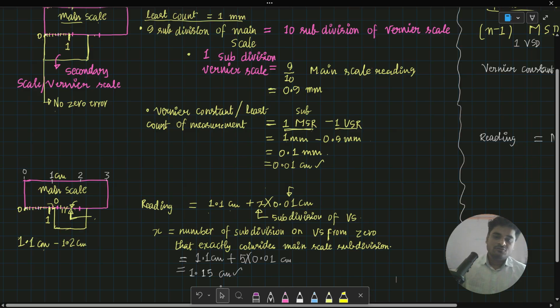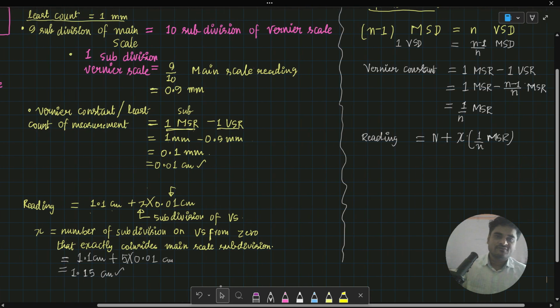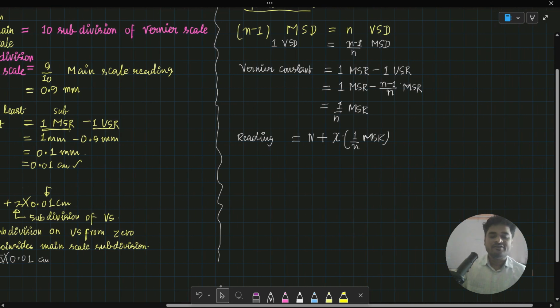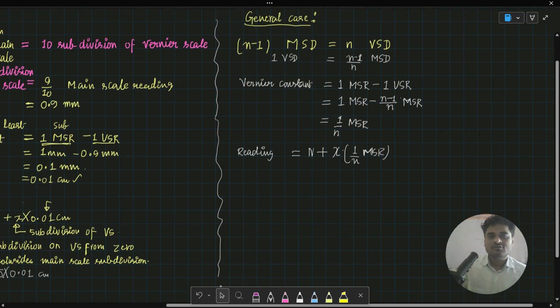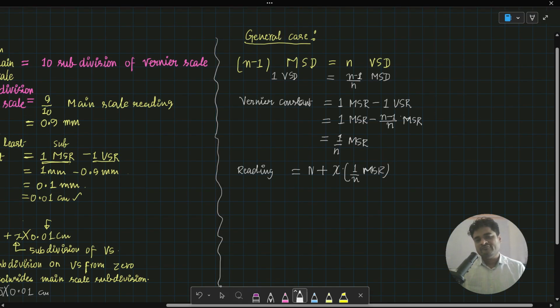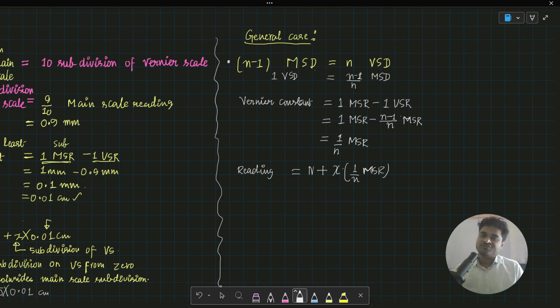So what do we do with the general case? The idea remains exactly the same. We take n minus 1 subdivisions of main scale and equate them with n subdivisions of secondary scale, and from here we get one secondary scale or Vernier scale division, which will be n minus 1 divided by n into main scale division.